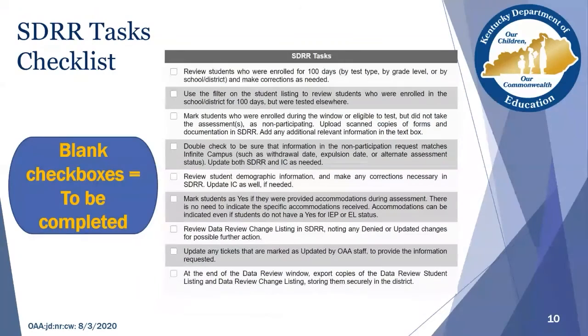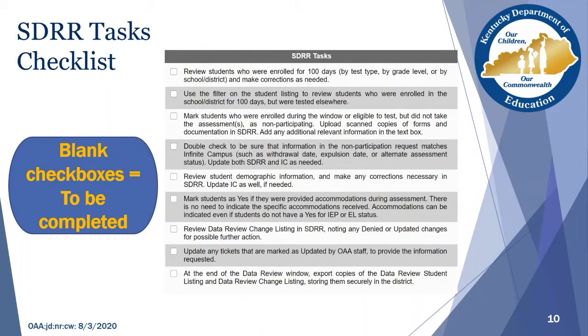Now, you'll see on the screen the SDRR task. Those are the tasks that you're going to be doing in SDRR. They'll be blank check boxes until you mark one that you have completed. Remember, this is optional. It's not mandatory that you have to do this.